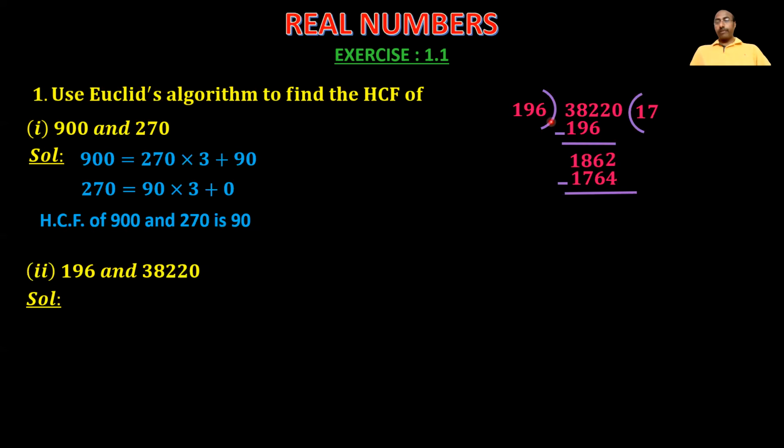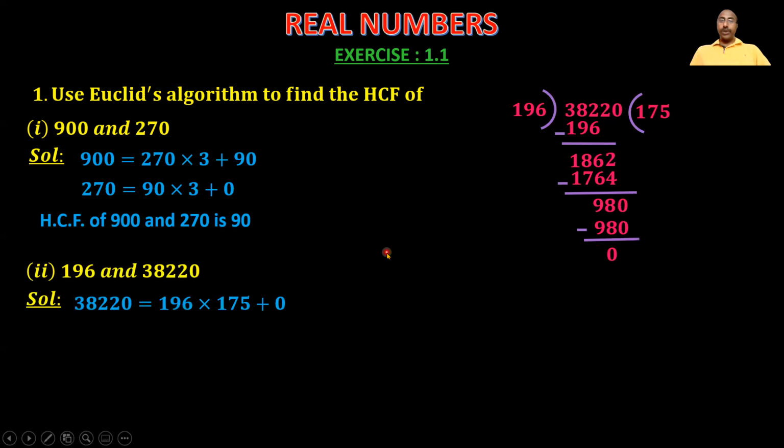So by subtracting we get 98, again drop down 0. Now 196 fives are 980. So here we can write 38,220 as 196 into 195 plus 0. In the very first step we got the remainder 0. So here the HCF is 196.